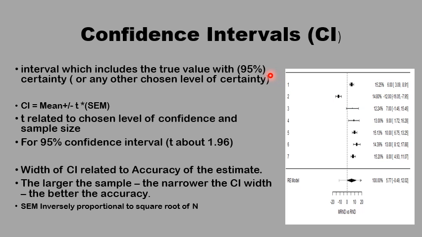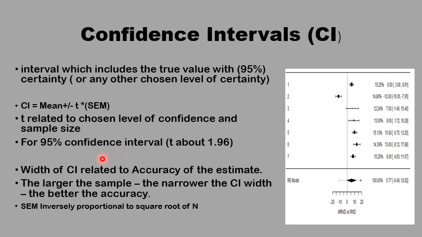a 95% degree of certainty. Now, if you want to be more certain, you could choose 99% certainty, but that would entail multiplying the standard error by 3 rather than 2, and that would also widen the confidence interval. So you would have a higher degree of certainty, but with wider confidence intervals.